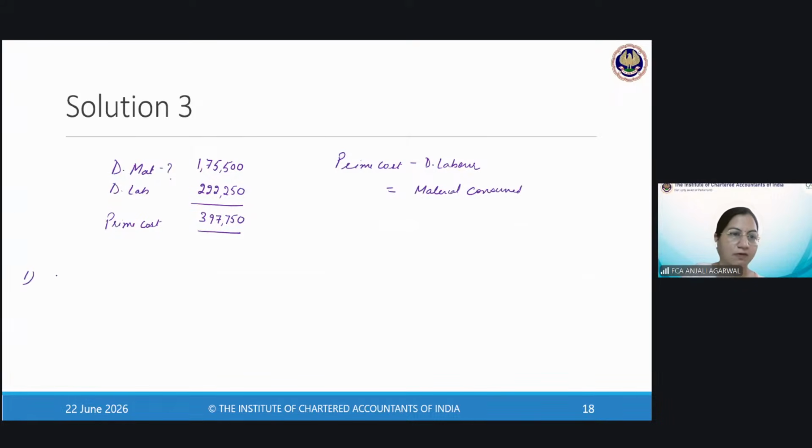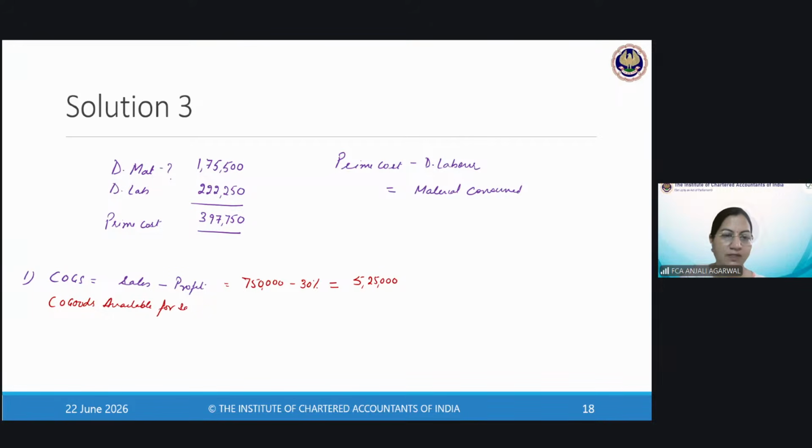First step is cost of goods sold is equal to sales minus profit. You can calculate it. Both information is easily available. 7,50,000 minus 30%, 2,25,000. So 5,25,000 is the cost of goods sold. Cost of goods available for sale is given.